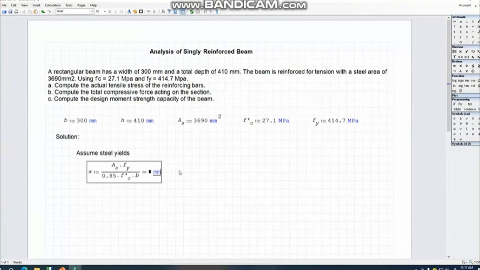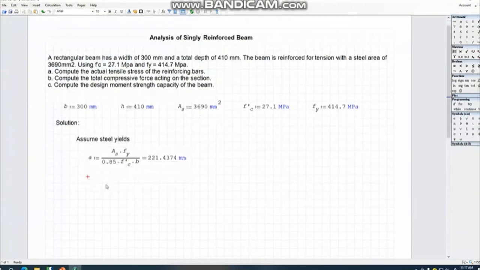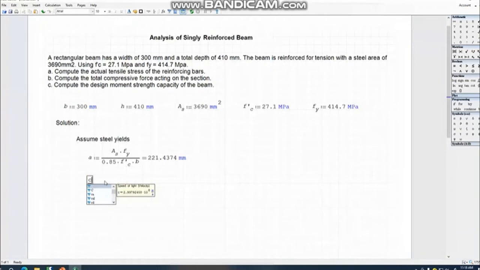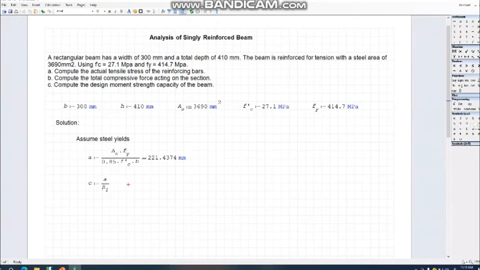Okay, so we have your a, and then we are going to use the value of a to determine our fs. So, our c is equivalent to a over beta 1. Since our f'c is less than 28 MPa, according to our process, beta 1 is equivalent to 0.85.